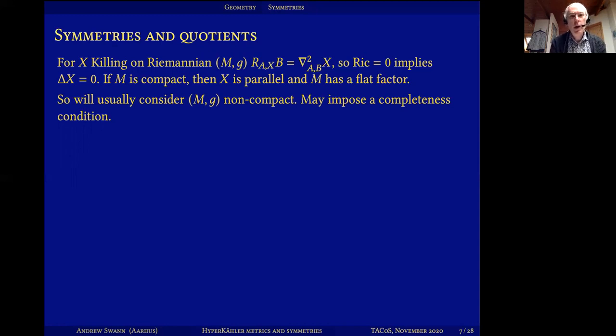So if you're on a compact manifold, then Killing vector fields are necessarily parallel, and from holonomy considerations, the manifold will split with a flat factor. So usually we want to work in the non-compact case. It may be appropriate to impose a completeness condition instead, but there are quite a number of situations where the non-complete situation is also interesting.